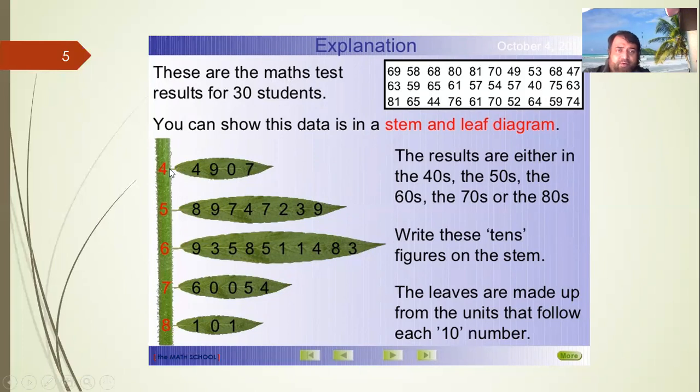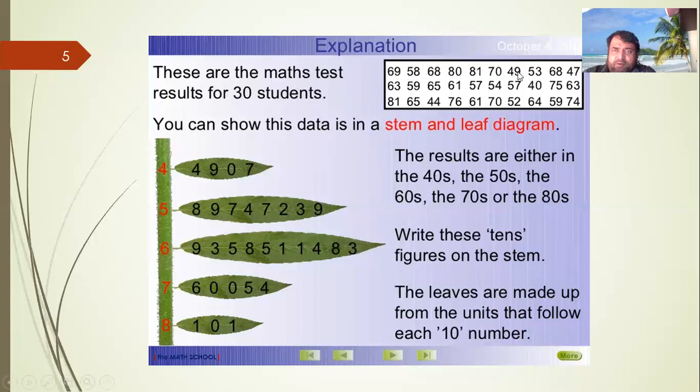Now for the stem 4, we put all the unit place values of the data which are in the 40s. That is 44, 49, 40, 47. For 44, 4 is the unit place value, so we put 4 here.